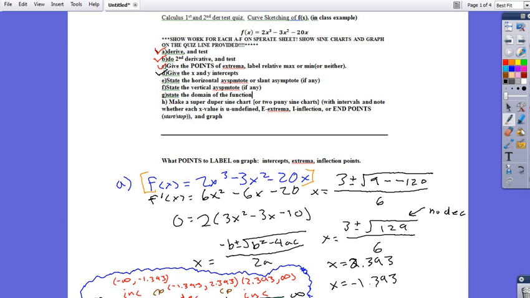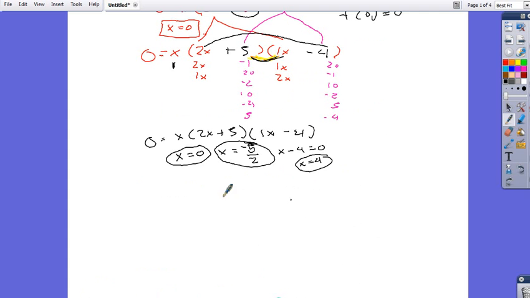Okay? So, alright, state the horizontal asymptote or slant asymptote. This does not have any. This does not have any vertical asymptotes. Alright, the domain of the function, easy. Alright, let's write it on our paper though. Alright, E and F, we'll put none. And I forgot to label, shame on me. X-intercepts.